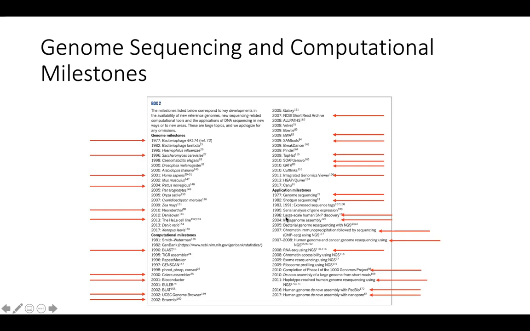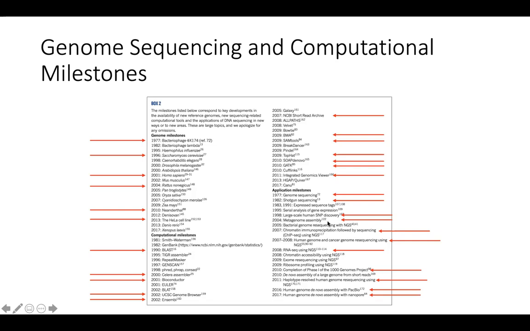At the end of the 90s, we already had the first human SNP arrays being studied, which means that at this point in time, people were already interested in the mutations that are developed from computational and sequencing analysis.